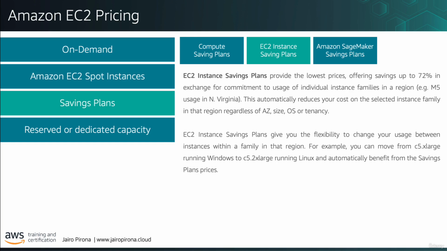These 2 pricing models are much lower compared to the on-demand pricing model. So, if you have a specific EC2 configuration, for example, 4 vCPU and 8 GB of RAM in a specific region and you plan to run it for a year, both compute savings plans and the EC2 instance savings plans can offer you significant savings compared to on-demand pricing.